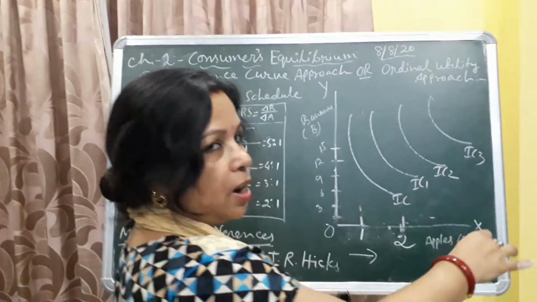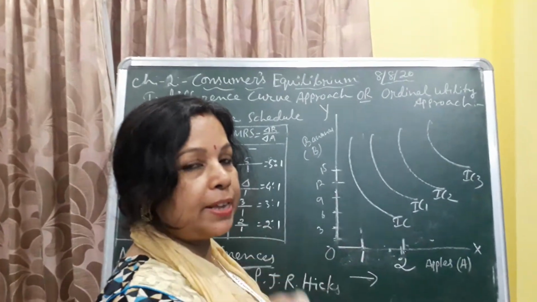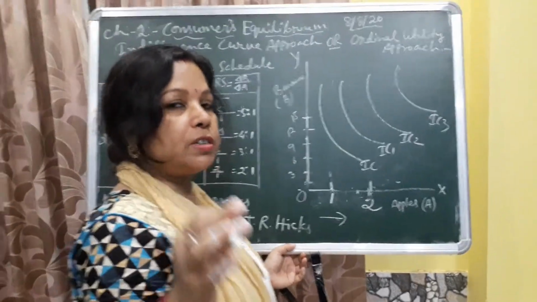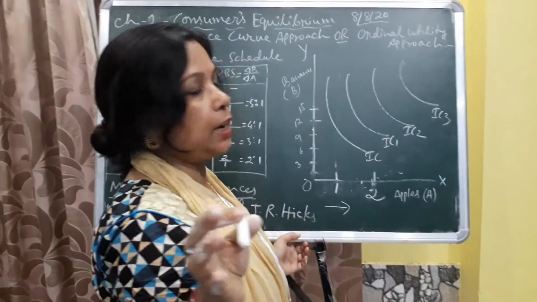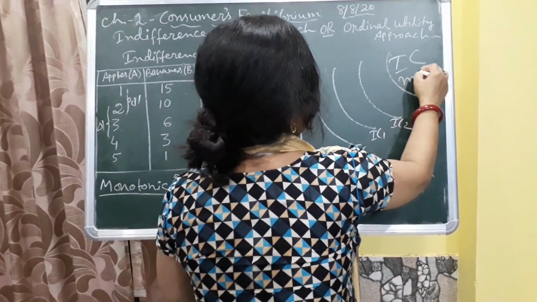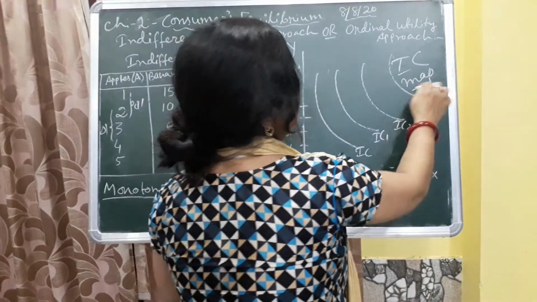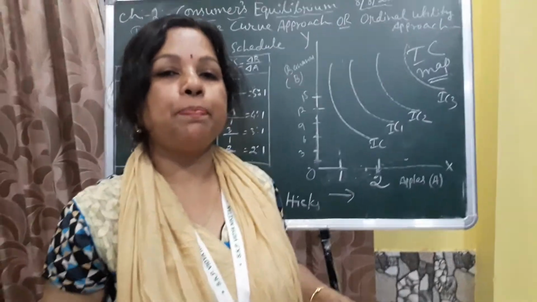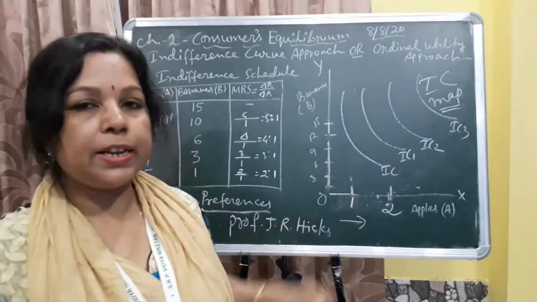What is an IC map? An IC map refers to the family of IC curves. So these together represent the IC map. What is an IC map? A family of IC curves represents an IC map. This is a very important concept.